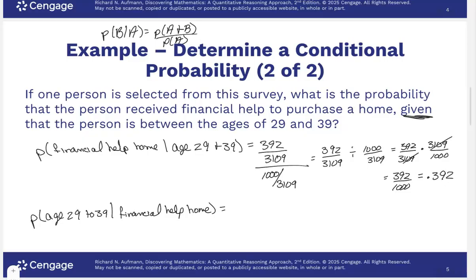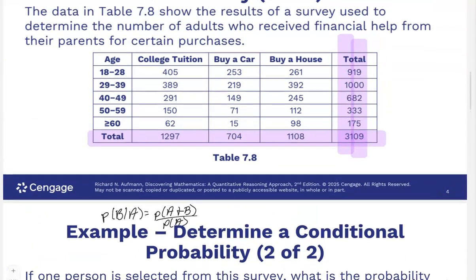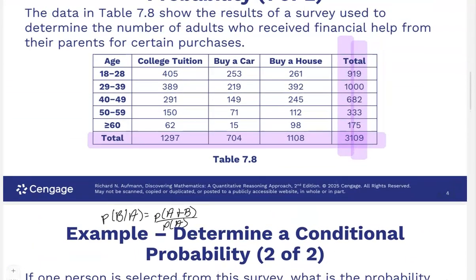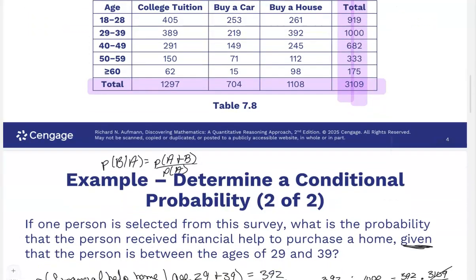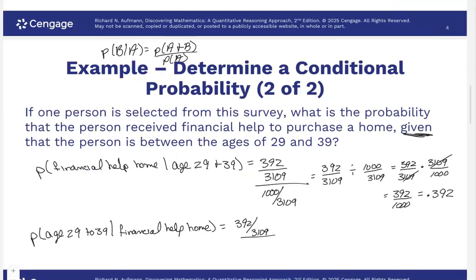The probability that both happen is still going to be that 392 out of 3109. But what's going to change is what's happening down here. Because now, instead of looking at those between age 29 and 39, I'm looking at those who had financial help on their home. And I had 1108 that received financial help on their home out of the 3109.